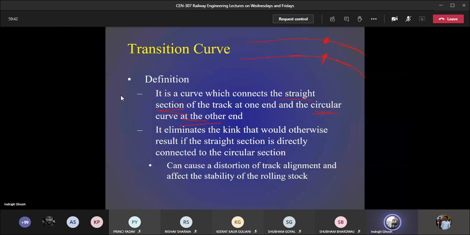It eliminates the kink. That is also responsible for distortion in the track alignment and affects the stability of the rolling stock. Track alignment will change if there is extra force exerted by the wheel load. So we need to get rid of that. That's why we provide a transition curve.